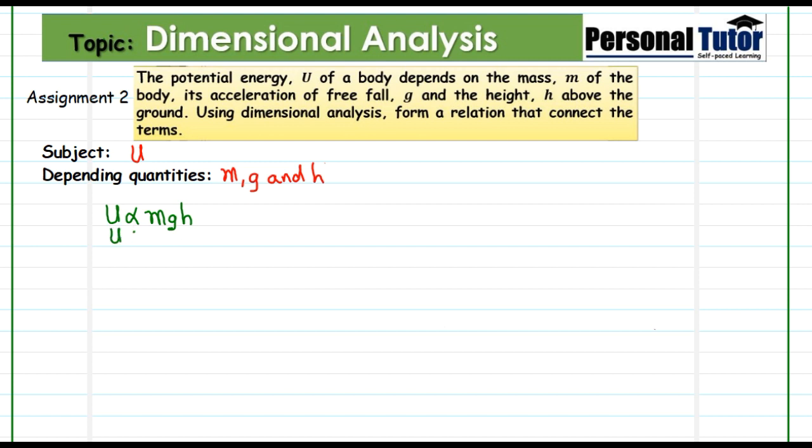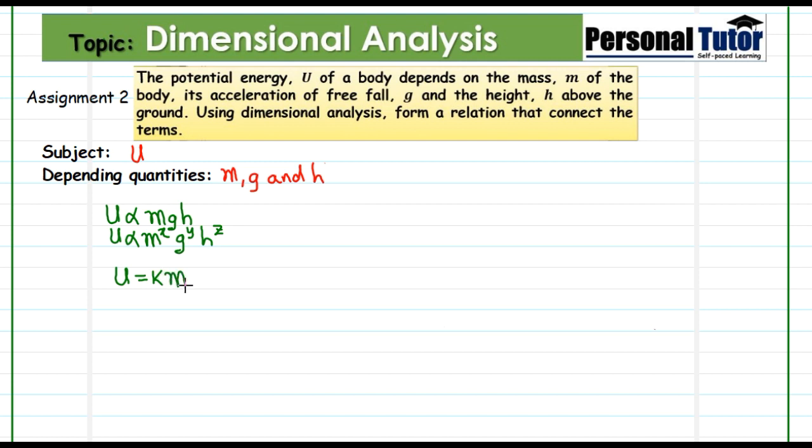So U, I'm going to use S, Y, Z. So m to the power s, g to the power y, and h to the power z. We then form a solvable equation by replacing the proportionality sign with equal to and the k.